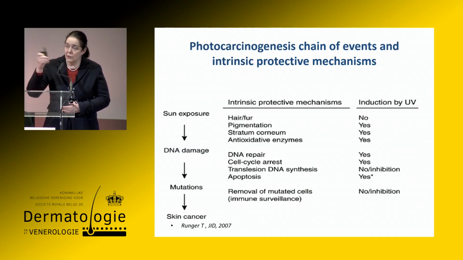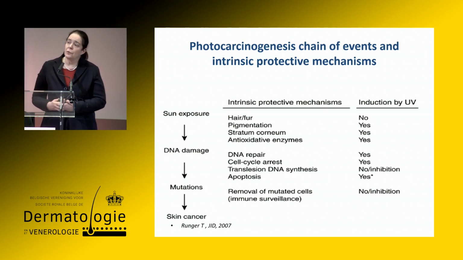So it's interesting to review the intrinsic protective mechanisms and what is induced by UV. By sun exposure, there is something that doesn't change, which is the hair fur. We don't change the color of our hair, but we change the pigmentation of our skin.